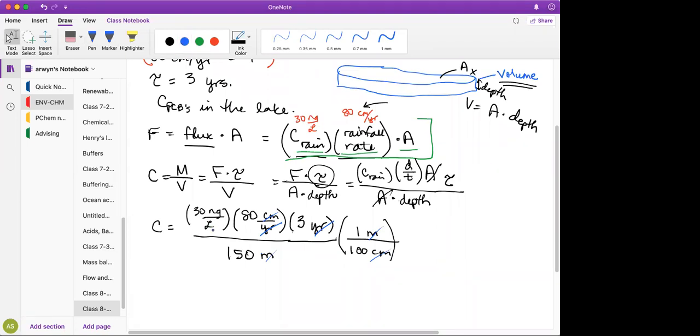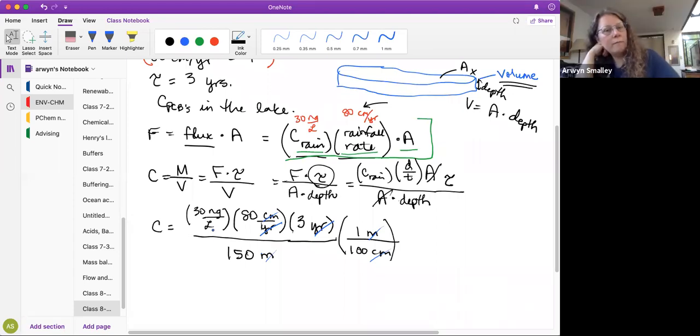I think that is what it is, nanograms per liter, is what it says in the back of the book on the answer. It might. So let's calculate it through.